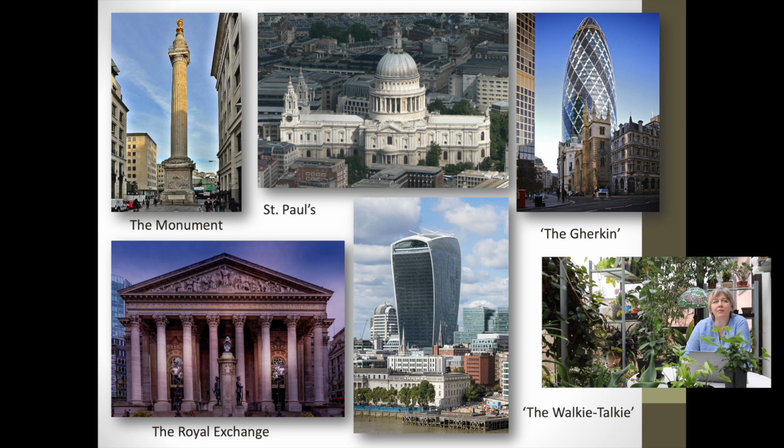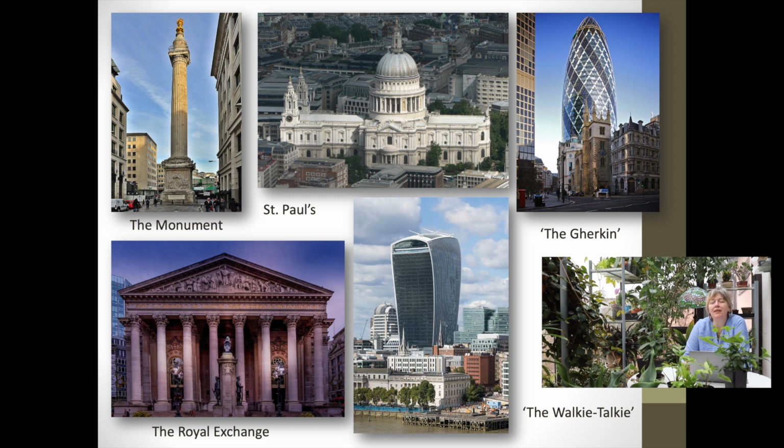We have some famous modern skyscrapers from the 20th century like the Walkie Talkie or the Gherkin, which are named of course because of their shapes. So that's the City of London.